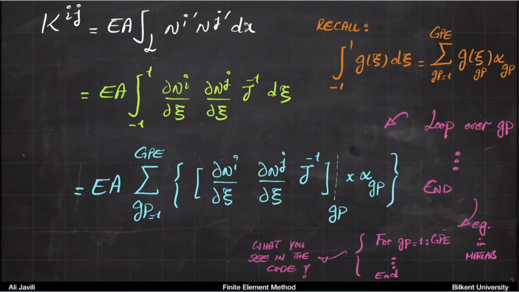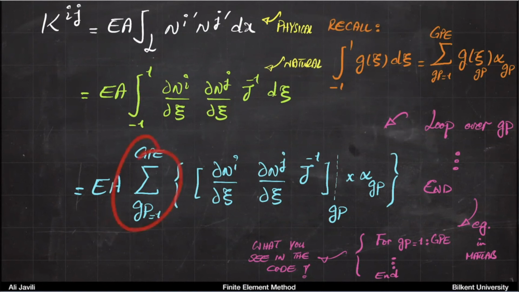So this was physical space. This other one is the natural space. And once you are in the natural space completely, all you have to do is have a summation over the Gauss points and evaluate these.